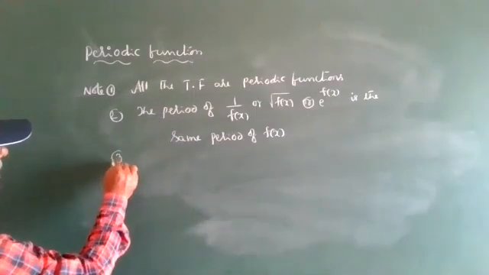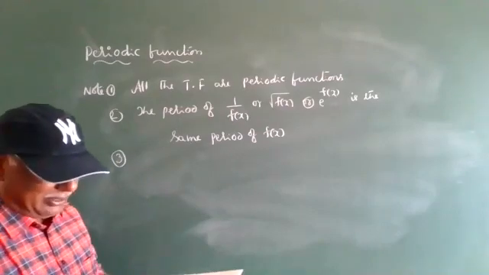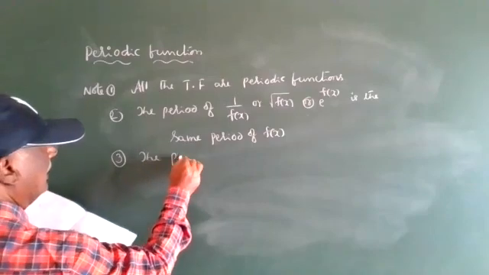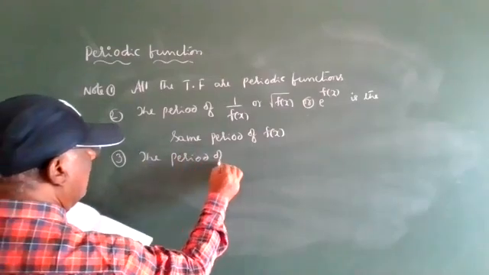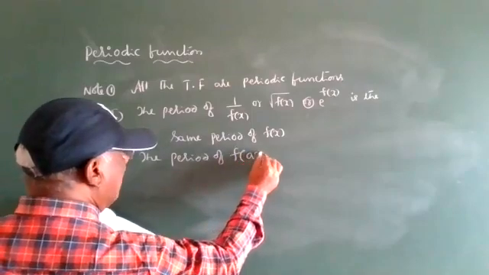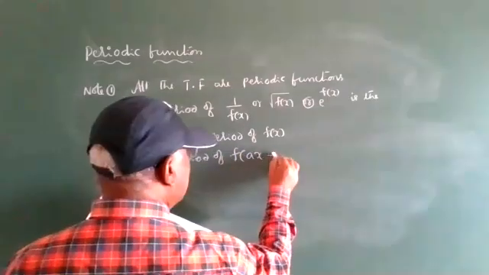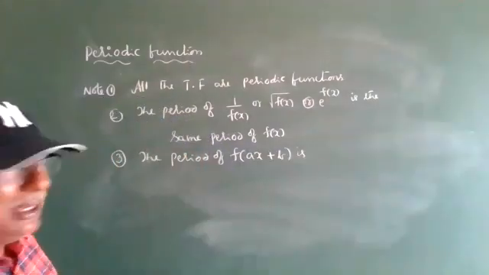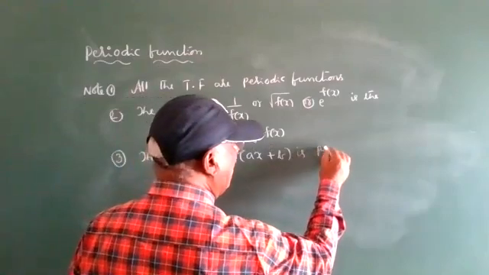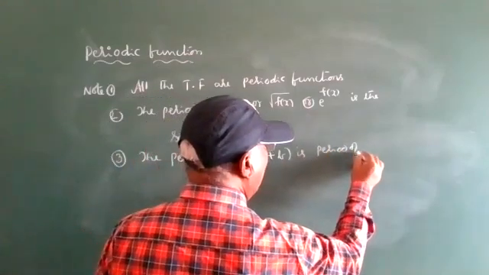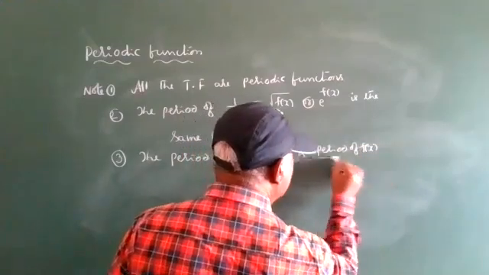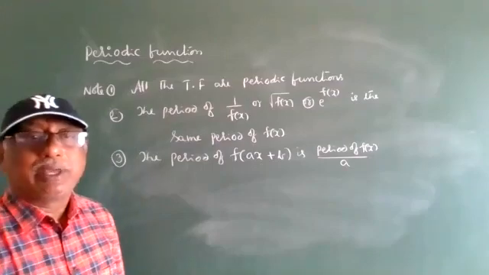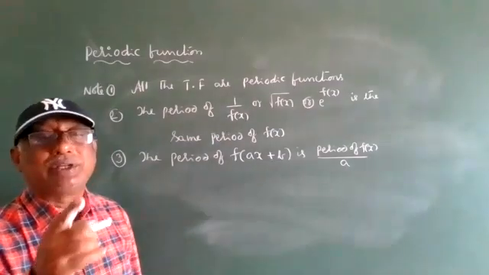Now come to the third point: the period of f of ax plus b is the period of f of x divided by the coefficient of x.